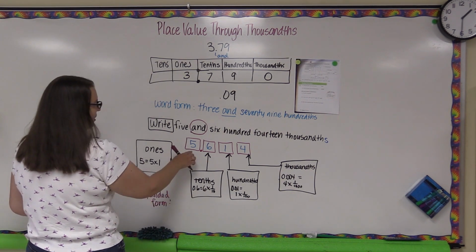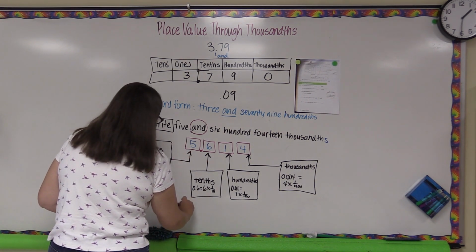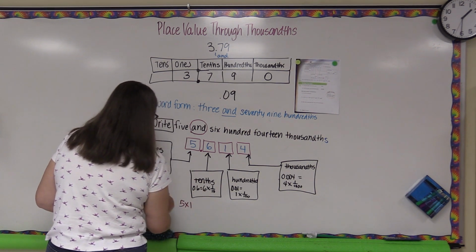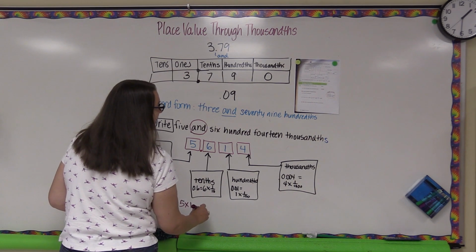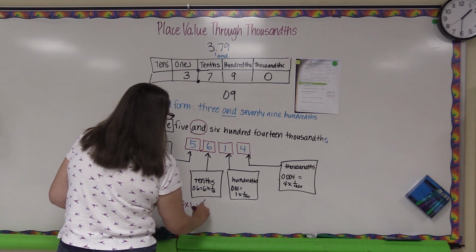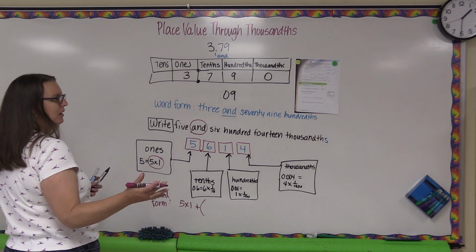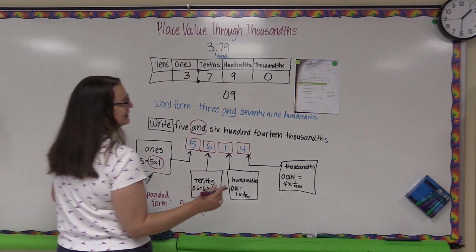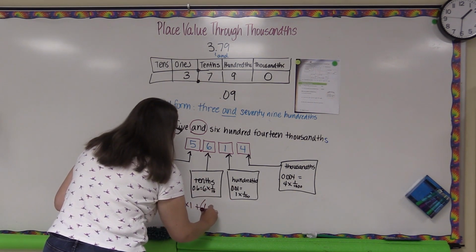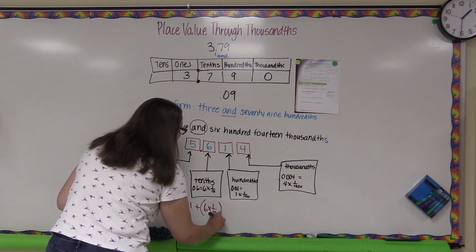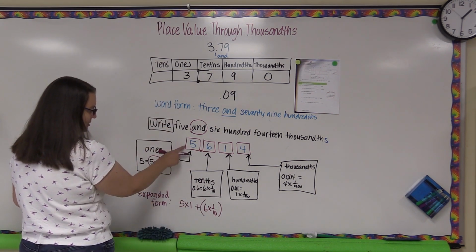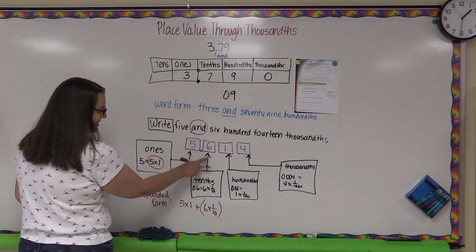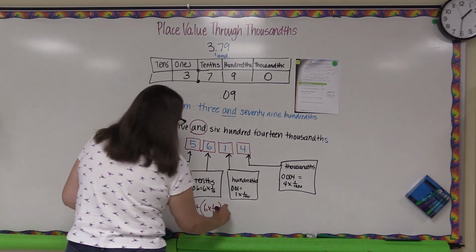So expanded form, this would be 5 times 1. All I'm doing is taking this part right here. 5 times 1 plus, when you do the decimal part with the fractions, you have to put parentheses in there. 6 times 1/10, because this is a 6 in the tenths place. Okay, so far so good. 5 times 1, 6 is in the tenths place.